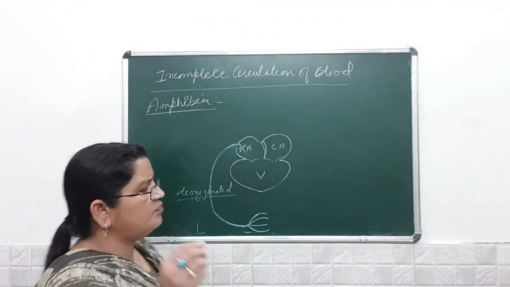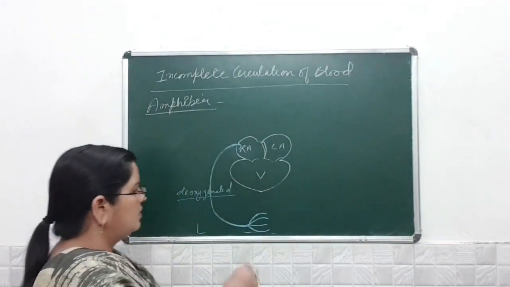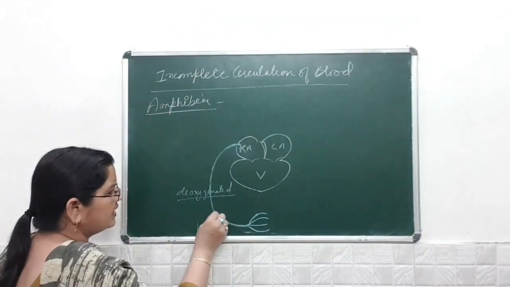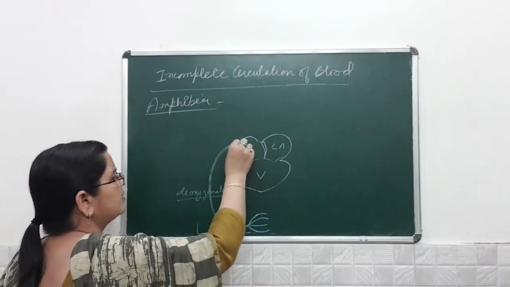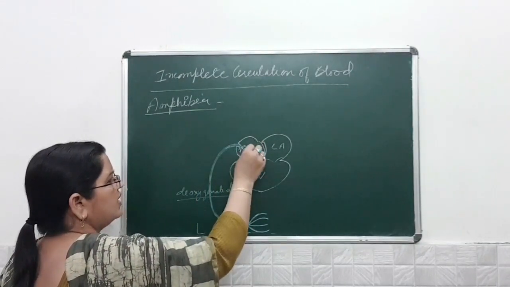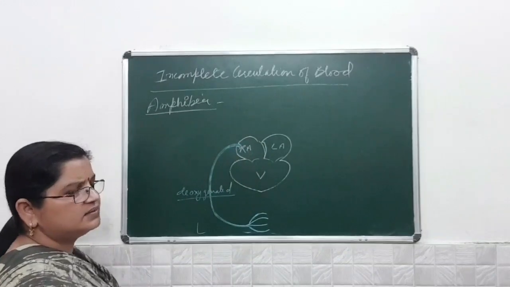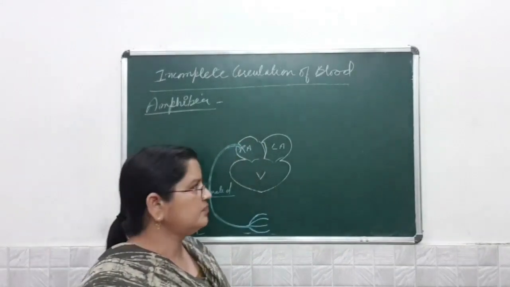Deoxygenated blood from body tissue comes into the heart, in the right auricle through veins.